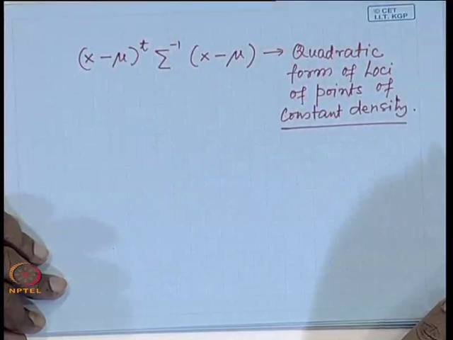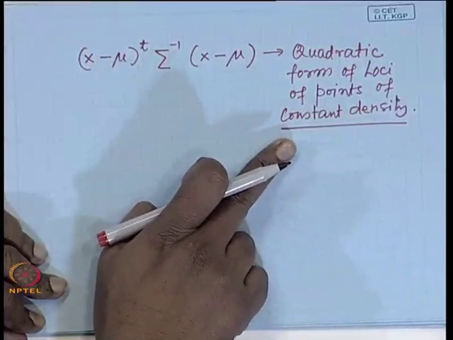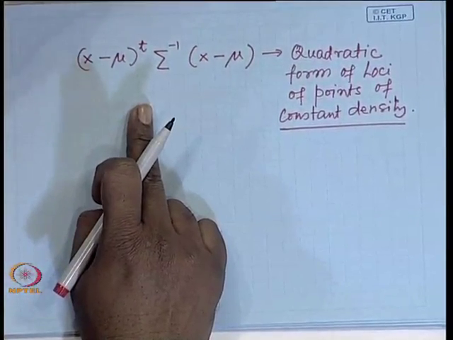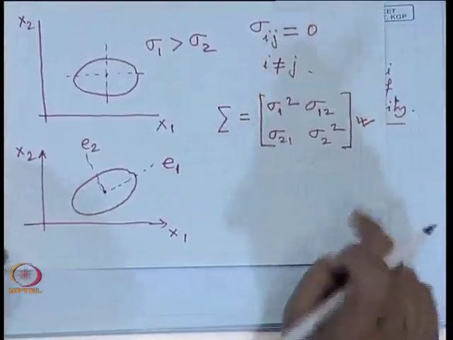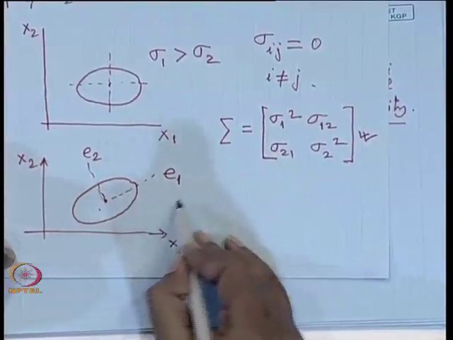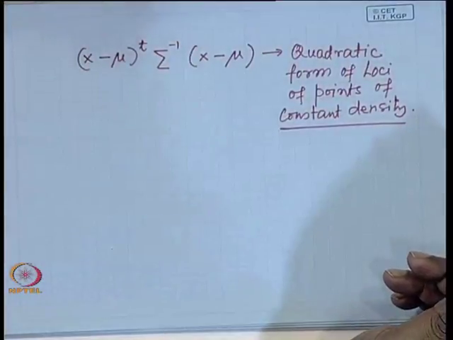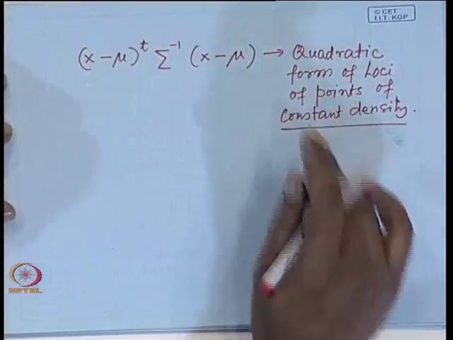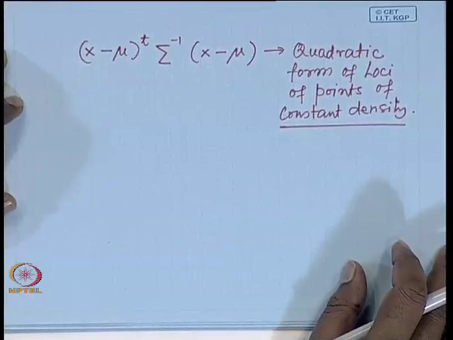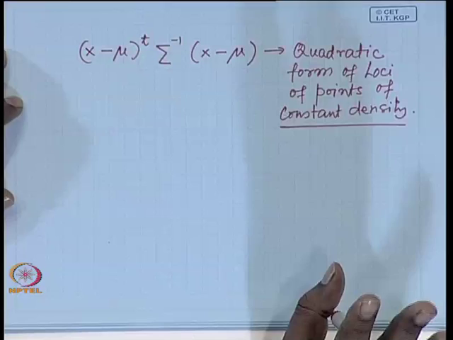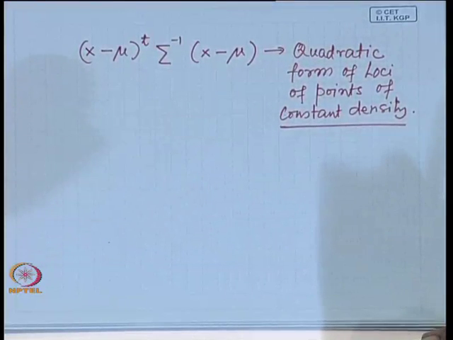And the principal axes of the ellipsoid, as in this case the principal axes of the ellipses, are given by the eigenvectors of the covariance matrix. So, in the same way, the principal axes of the ellipsoids will be given by the eigenvectors of the covariance matrix, and the lengths of the axes will be given by the corresponding eigenvalues.